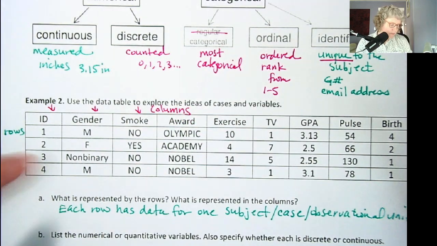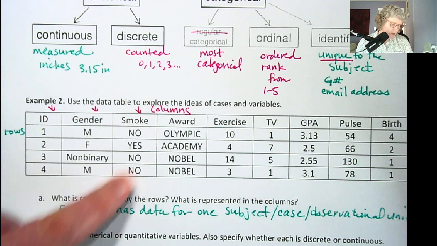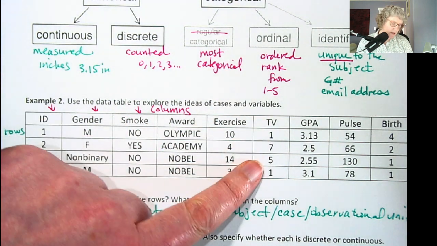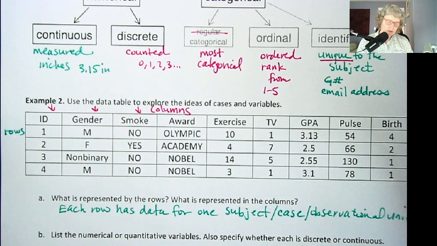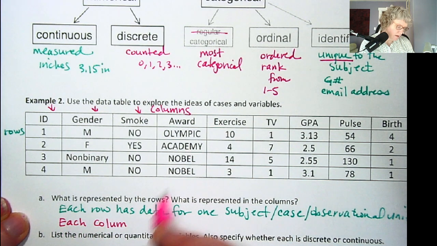Columns going down, and we can see gender. So these have headings: smoke, award, exercise, TV. These are the variables. So usually each variable will be in a column. Each column has one variable.